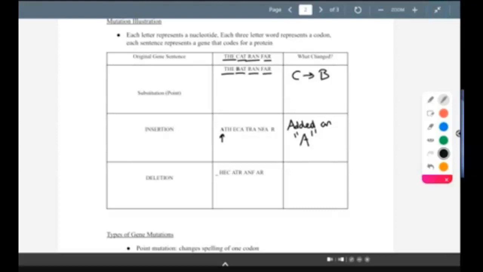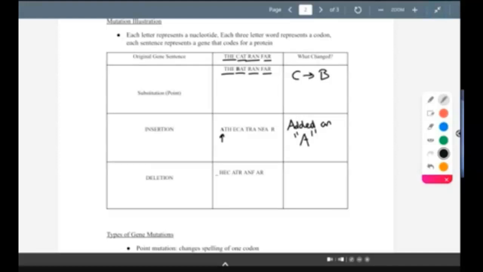And the second word was supposed to be cat, but now because of the grouping, the second word is ika. Instead of ran, it's tra, and instead of far, it's ufa. Which doesn't mean anything, right? This is gibberish. Can you see how this would be bad for ourselves, right? The instructions are completely changed just because we added a letter.